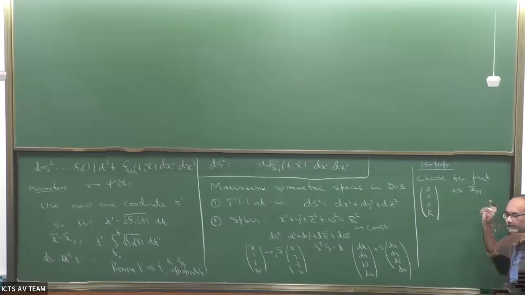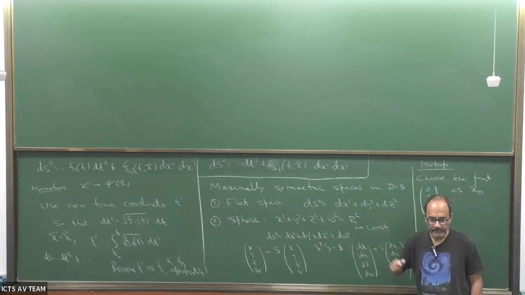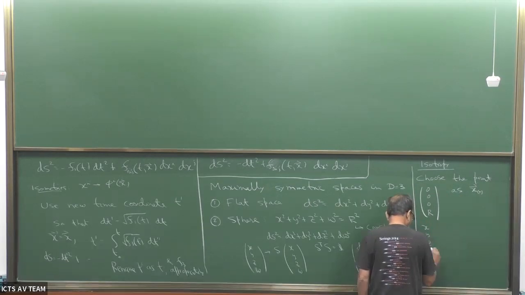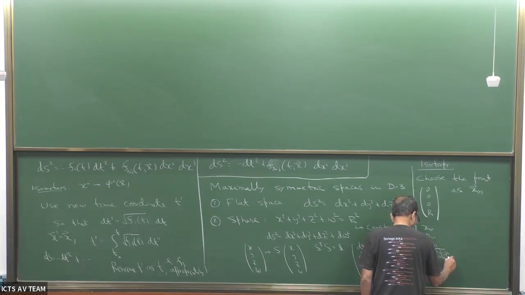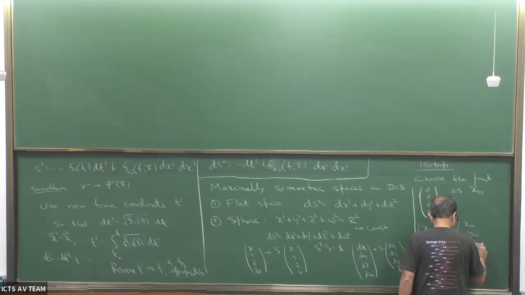Now we have to choose two other points at equal distance. So let's take x, y, z, and the last component is the square root of r squared minus x squared minus y squared minus z squared, for x1, y1, z1 and x2, y2, z2.